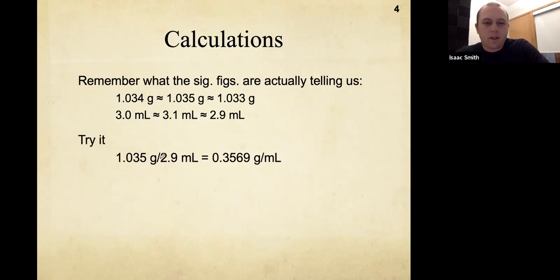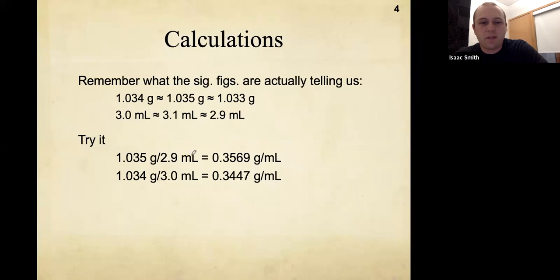Okay, so let's just try adding and subtracting 0.1 mL to our volume and do the different calculations for density. So let's say we take 1.035 grams divided by 2.9 mL. We're going to get this density.